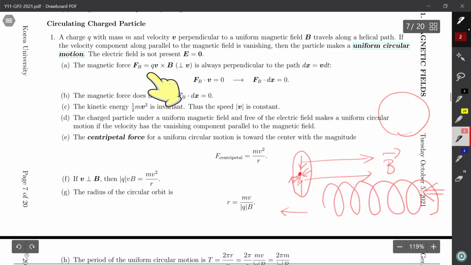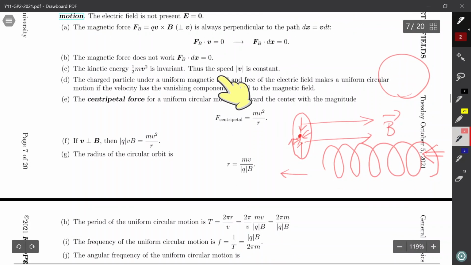Anyway, the magnetic force does not work. The velocity squared is a constant as long as the electric field is vanishing. The centripetal force is the source of the circular motion.